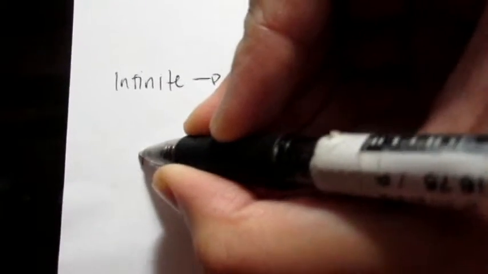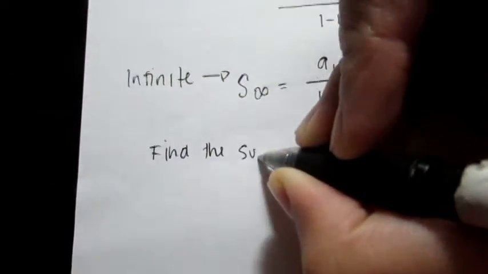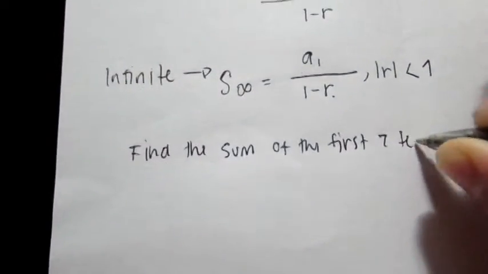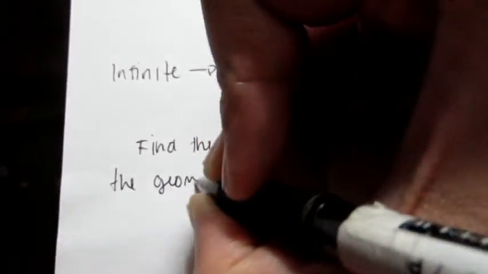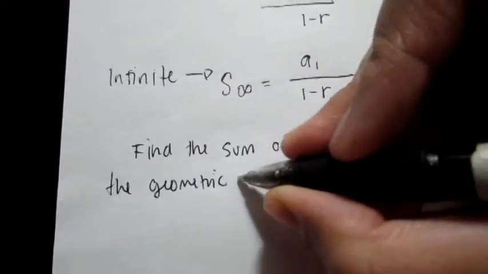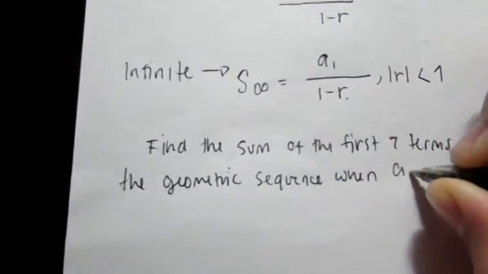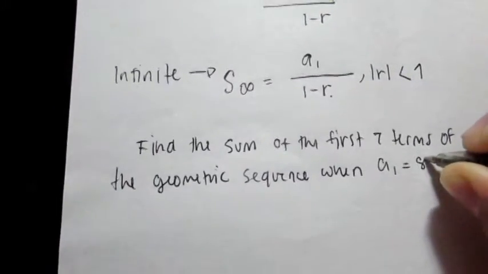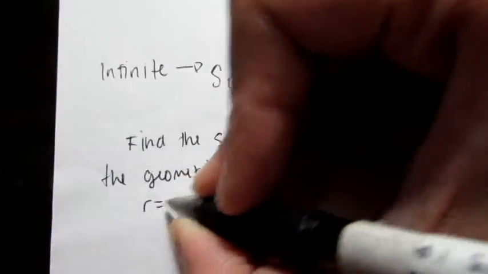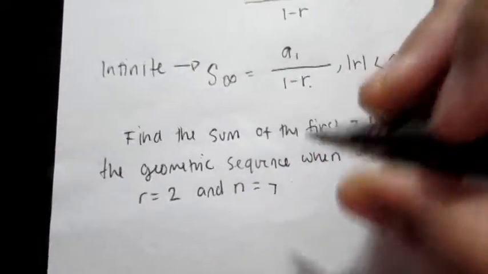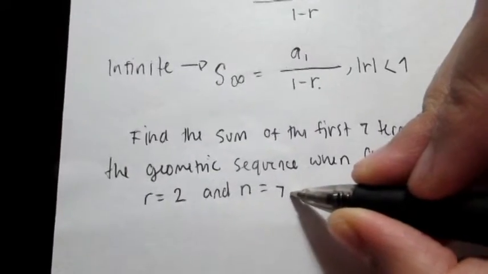Let's have an example. Find the sum of the first 7 terms of the geometric sequence when a sub 1 is equal to 8, r is equal to 2, and n, number of terms, is equal to 7, because we are finding the first 7 terms.